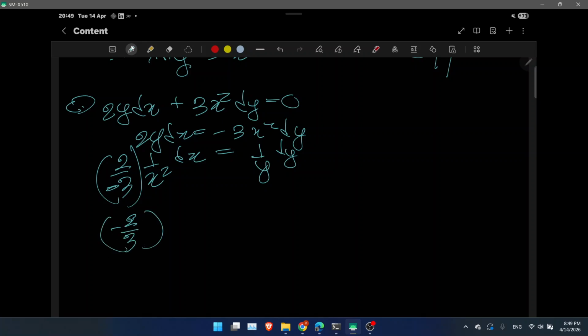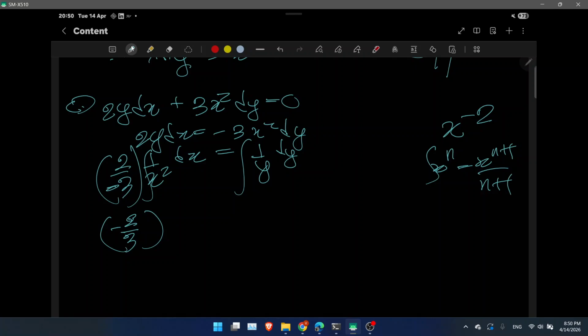So if I integrate both of the sides, I can get, what is the integration of x to the power minus 2? It's x to the n plus 1 over n plus 1. So if there's something called x to the n, the integration of it is x to the n plus 1 over n plus 1.